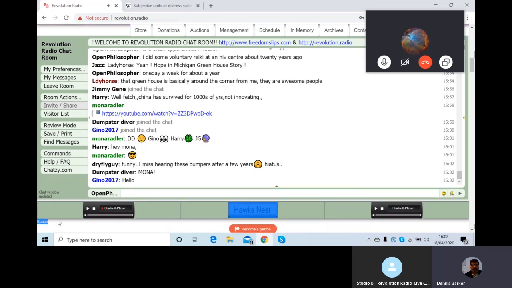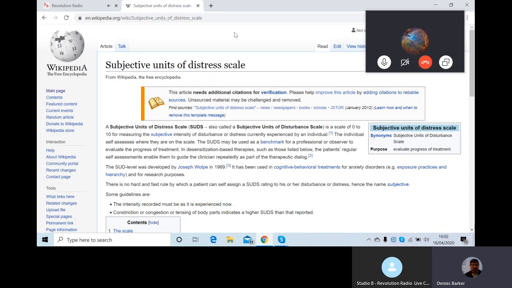And there's a little bit on Wikipedia that I thought I might read out. Wikipedia says a subjective units of distress scale, or SUDS, also called a subjective units of disturbance scale, is a scale of 0 to 10 for measuring the subjective intensity of disturbance or distress currently experienced by an individual.